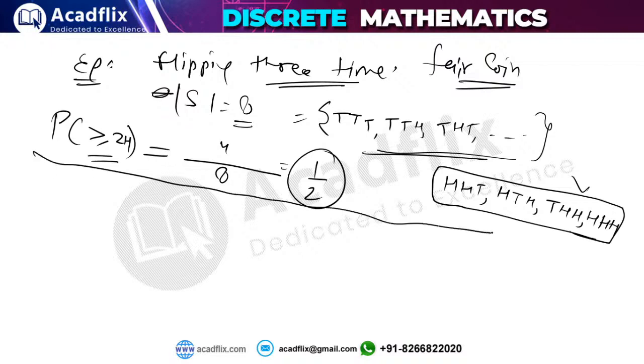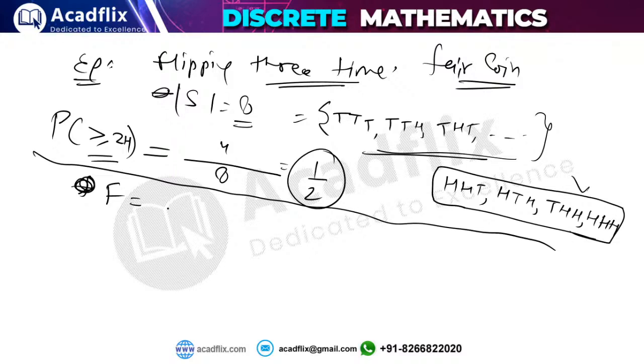Let's assume someone told you that when you are flipping the coin 3 times, event F has occurred. Let's call it event F. And what is this event F? Event F is the result of the first toss is head.